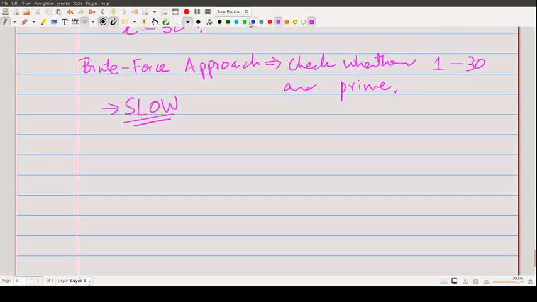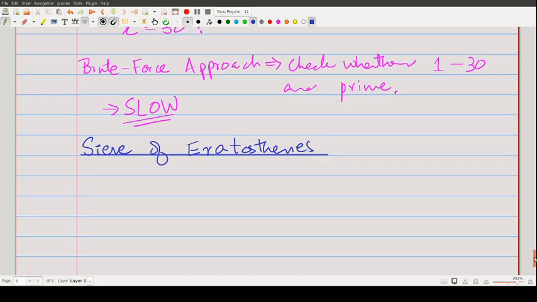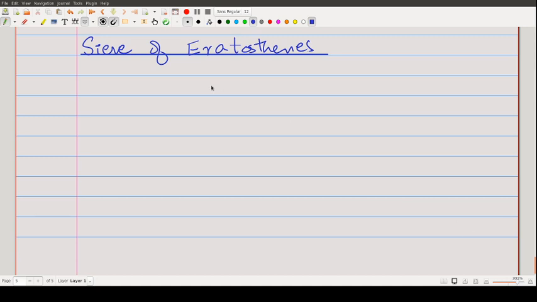The next nice thing, the method referred to as the sieve of Eratosthenes, is as follows. Let's list down all the numbers from 1 to x.